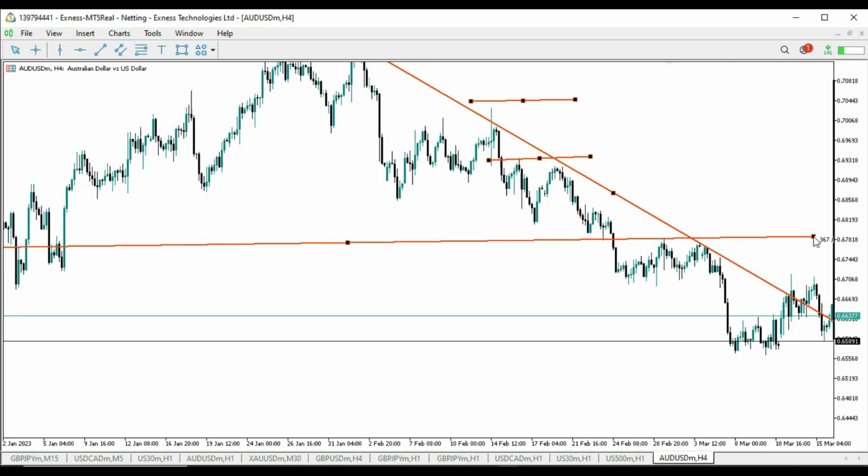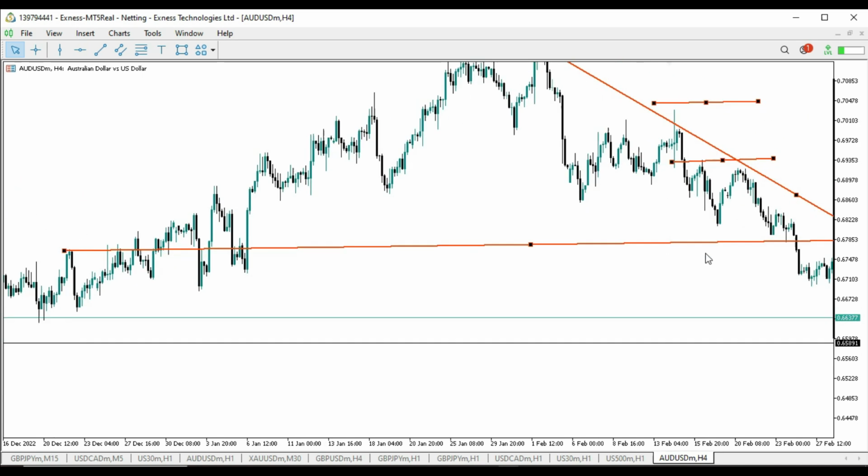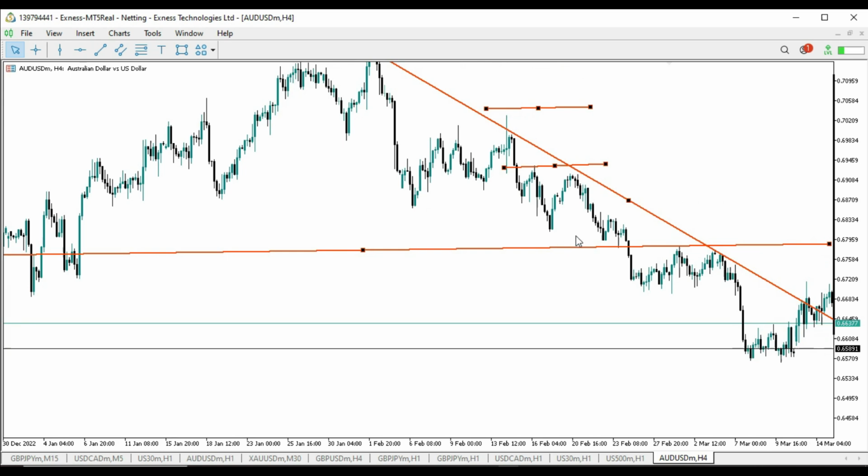So here will be my TP, because we have a support here, it came back here and bounced so many times. So this zone here would have been my TP.